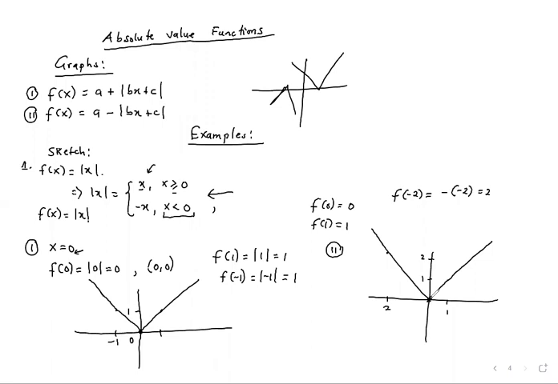So now I want us to capitalize on this one. It looks easy, so let's see. Example 2, f of x is equal to -2 plus the modulus of 3x plus 1. First thing, you get the inside of the modulus equal to 0. So for x, divide by 3, x is equal to -1/3.